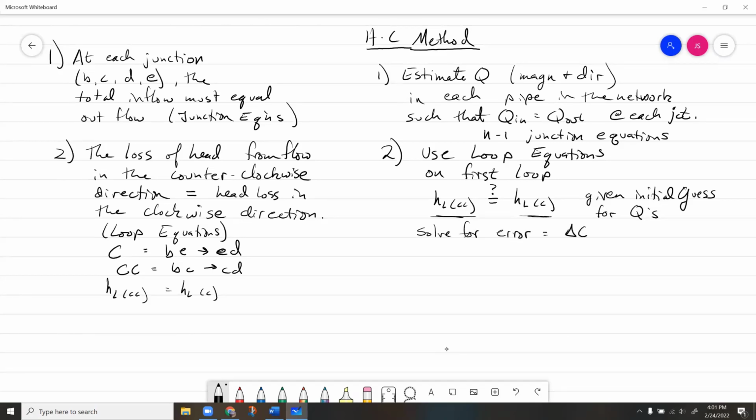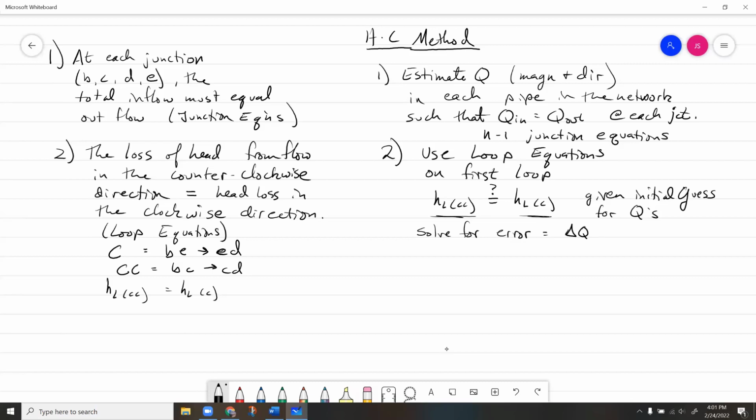which gives you a delta Q. And that delta Q is how much you're off. You said that Q in the counterclockwise is this, and Q in the clockwise is this. You solve for the head loss, and you're able to estimate how much you're off by the head loss because they need to equal each other.